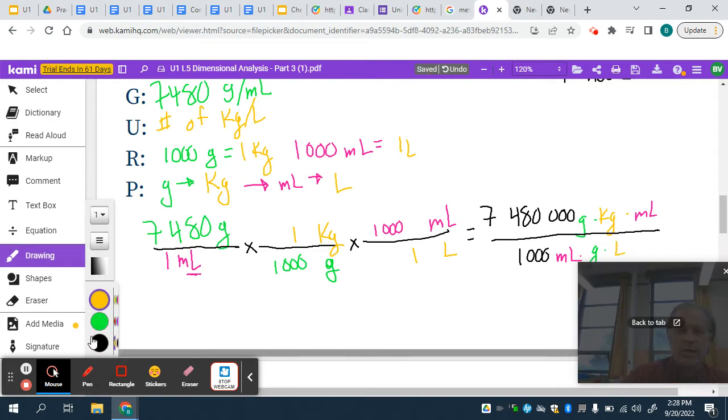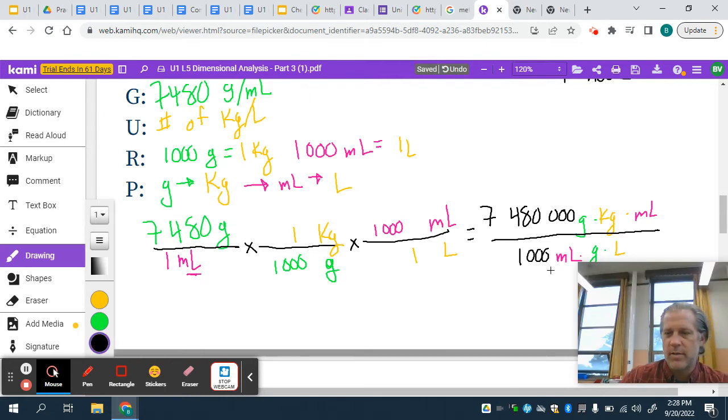And so at this point, hopefully we can see that the unit for milliliters cancels out and the unit for grams cancels out. And so when I divide this out, my final answer is going to weirdly be 7,480 kilograms in 1 liter.